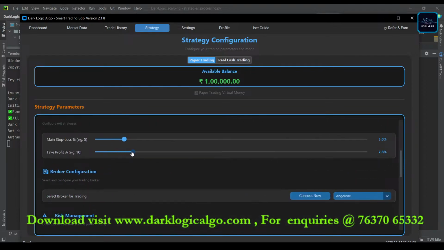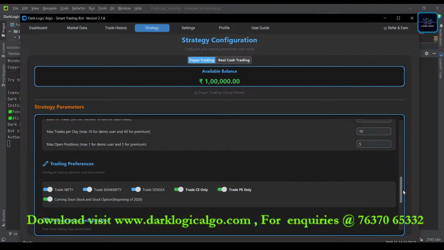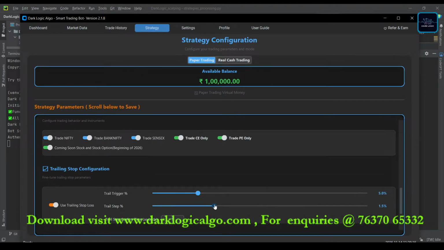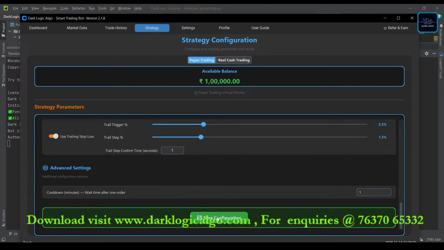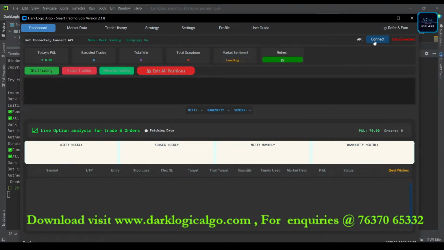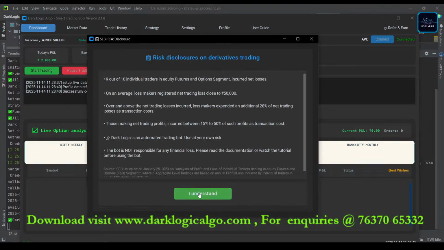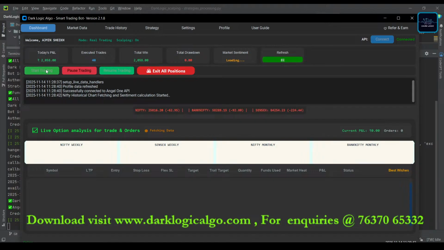It is 5.3. That's why I will keep it like 9%. And 5.5 is okay. Now you have to save your configuration. Now if you connect the bot and start, your new settings will be executed, and as per your new settings, the bot will start trading.